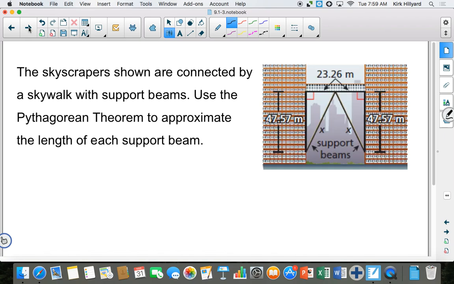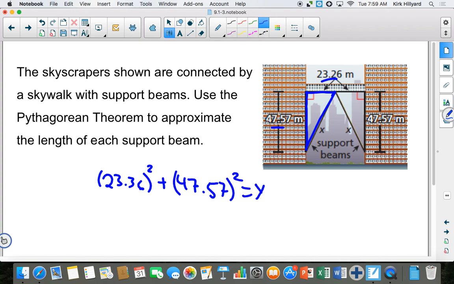All right. Looking at this right here, they want you to find the value of x. So we have our right triangle there. We're looking for the hypotenuse, and we have two side lengths. So we have 23.36 squared plus 47.57 squared equals x squared.